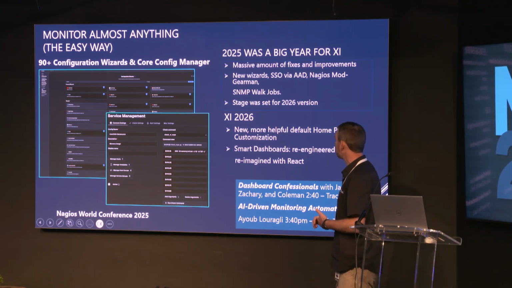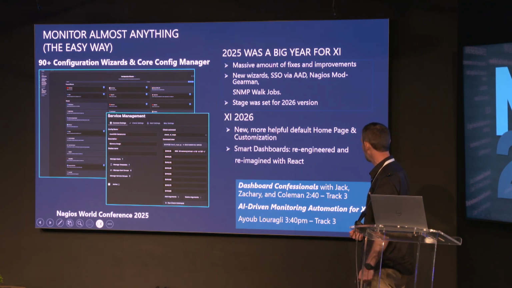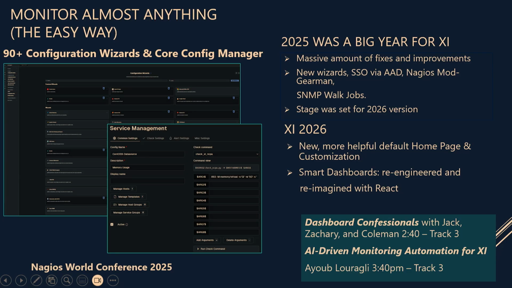And another thing I'll do throughout the presentation is highlight other presentations that might be of interest based on each of the topics. And so at 2:40 in track 3, we've got Jack, Zach, and Coleman. They are going to talk about the dashboards. They're really going to dig into the work they've done on the dashboards, the capabilities. So that'd be a good one if you want to learn more about the evolution of the dashboards.